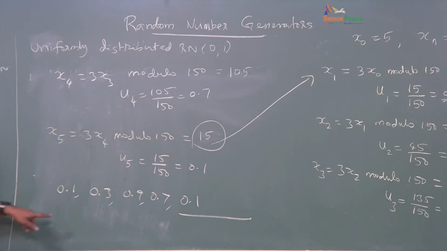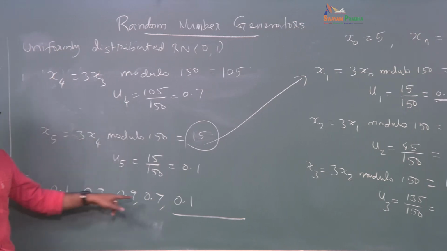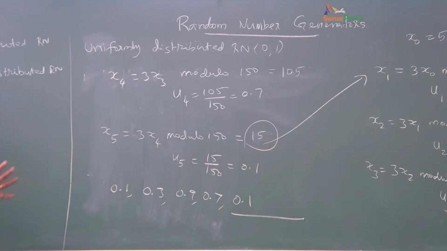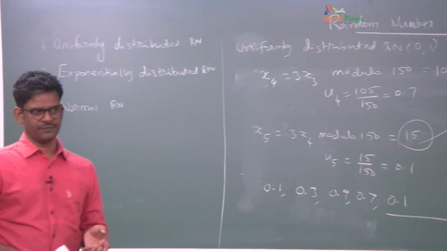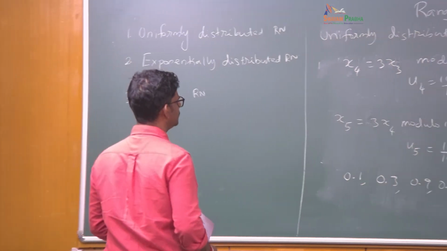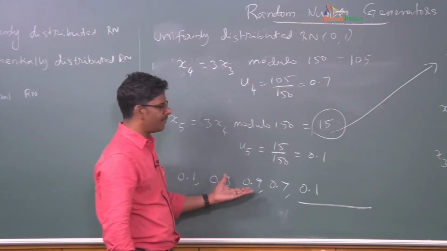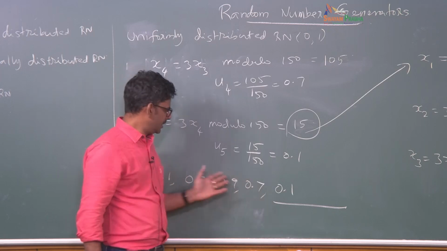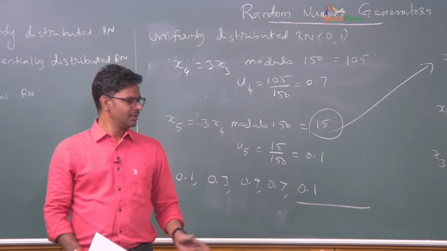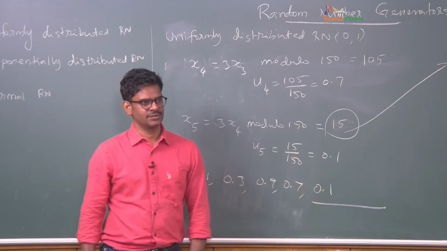That means you have only created about 4 random numbers, after which it starts cycling, repeating. So this is not a very good algorithm because the choices of the parameters a and m are not good. By optimizing the values of m and a, you can increase this cycle time so long that by the time you do your calculation, it never repeats.